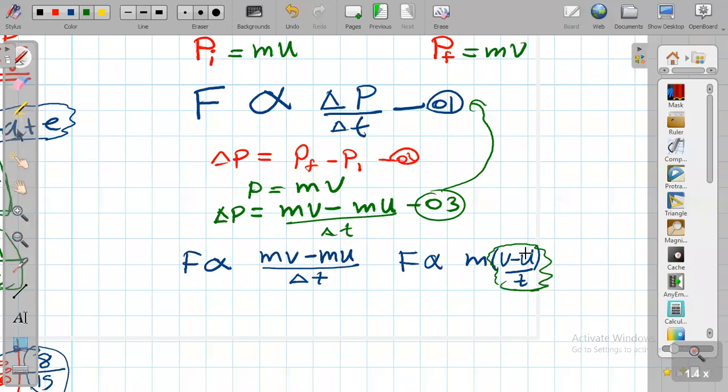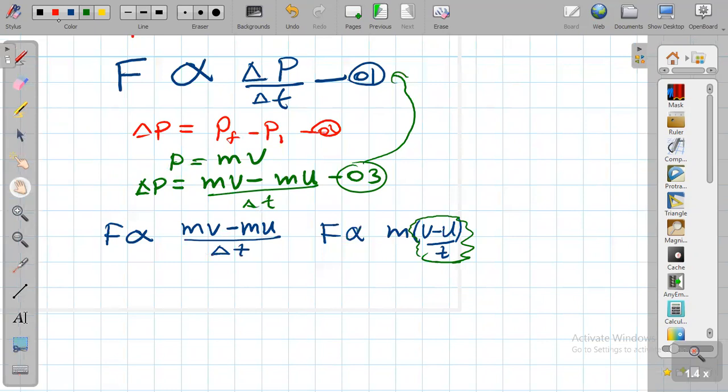You just learned linear motion somewhere like 2 months earlier. V minus u over t means acceleration. Right. Good. Great.